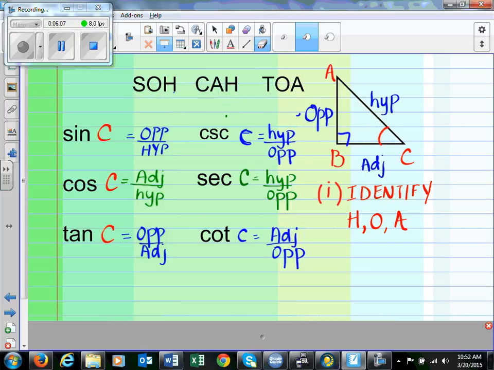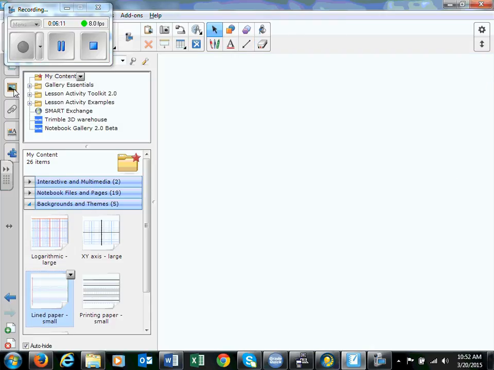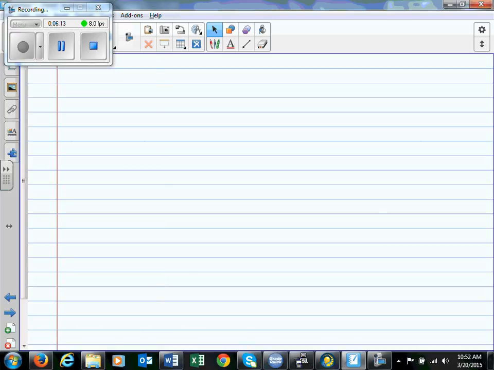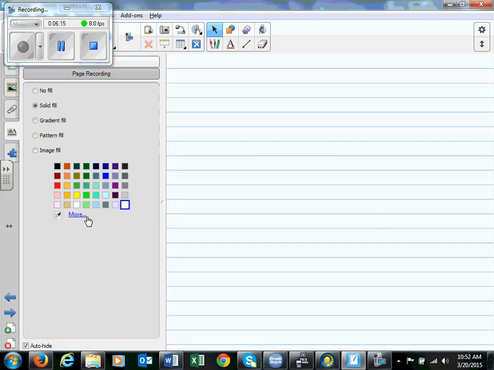Now, as an example, we'll take a triangle and try to establish the trig ratios for all 3 sides of the triangle.